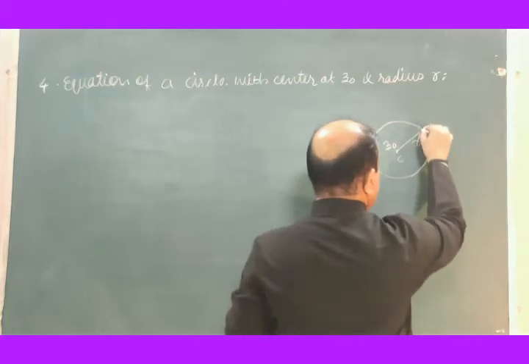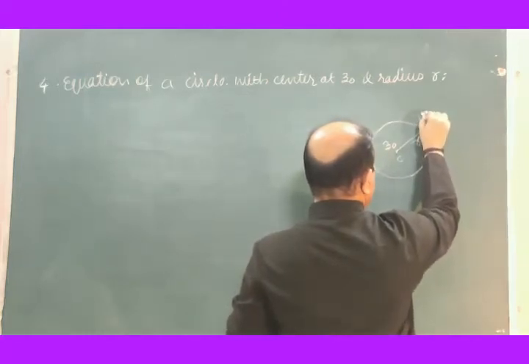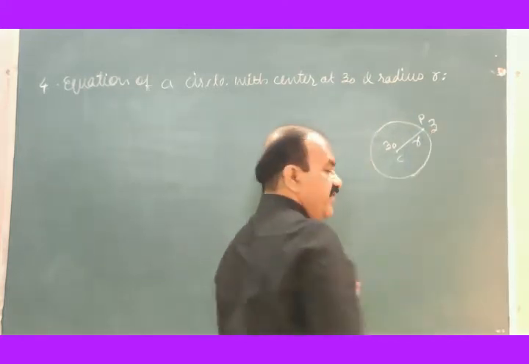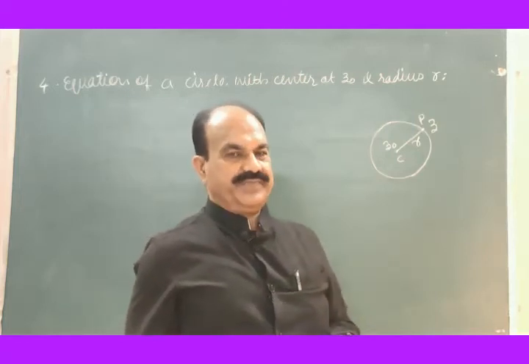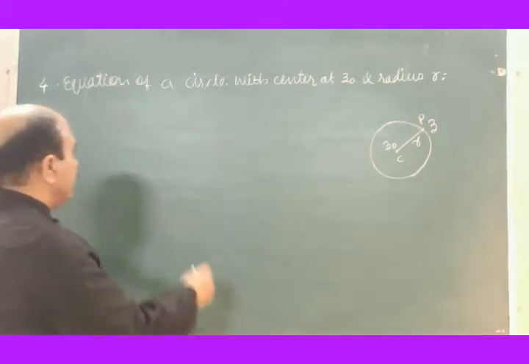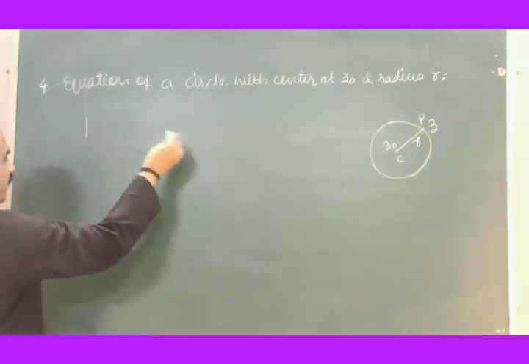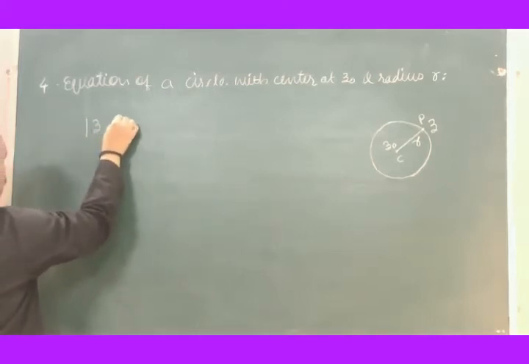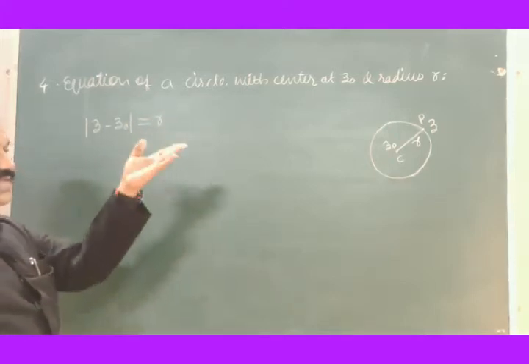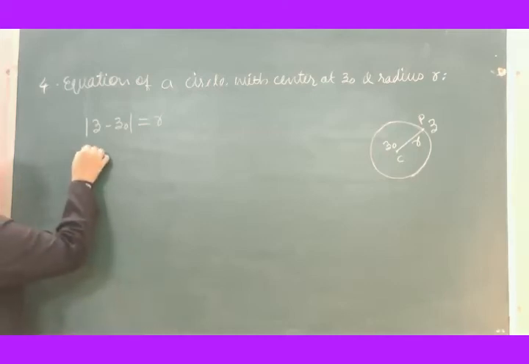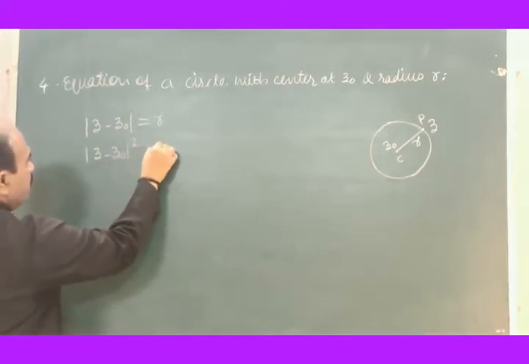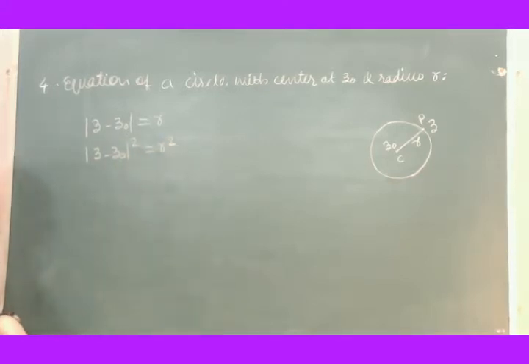Let us consider any point P on the circumference of the circle specified by complex number Z, and now the radius will be, from the geometry of the figure, modulus of Z minus Z0 is equal to r, radius of the circle, or for this, modulus of Z minus Z0 squared is equal to r squared.